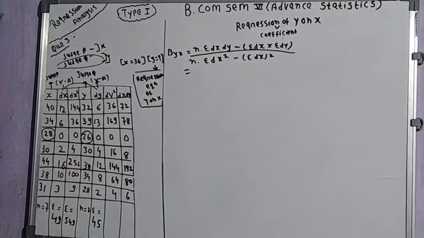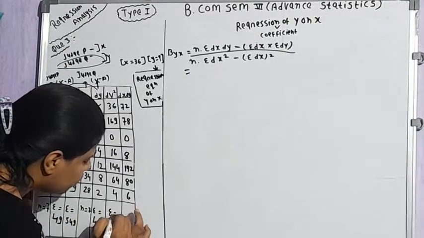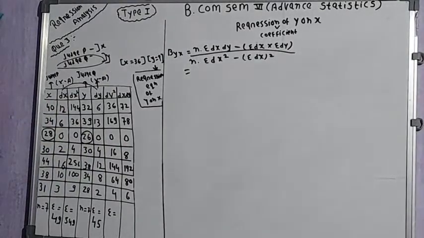Then we have to make the total of column summation dy square. For that, we have to add all these values which have been put under this column. So 36 plus 169 plus 16 plus 144 plus 64 plus 4. So it comes to 433.